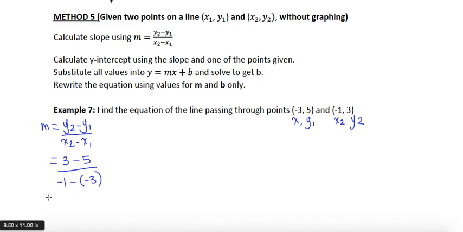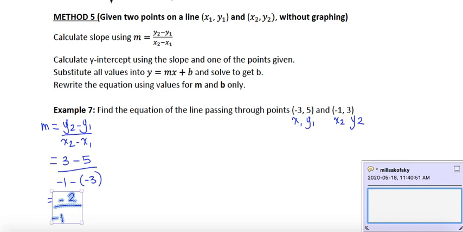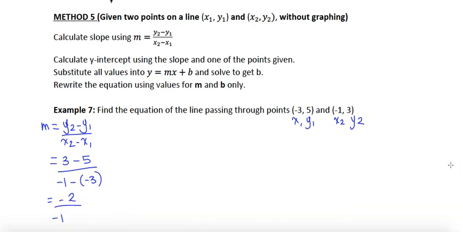Okay, so now what we want to do is simplify our numerator and our denominator. So 3 take away 5 is negative 2. Then we have negative 1. Remember that when we have two negative signs directly beside each other, it becomes a positive. So this becomes a positive 3.